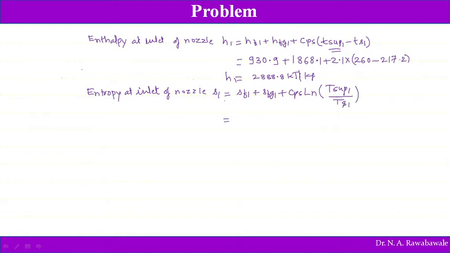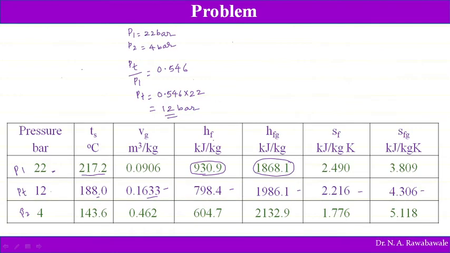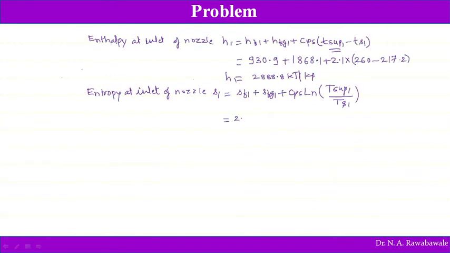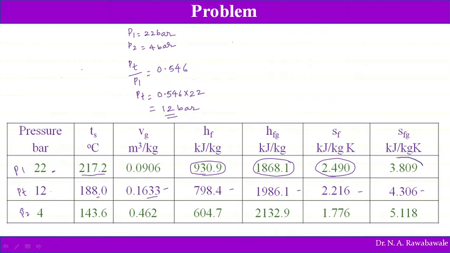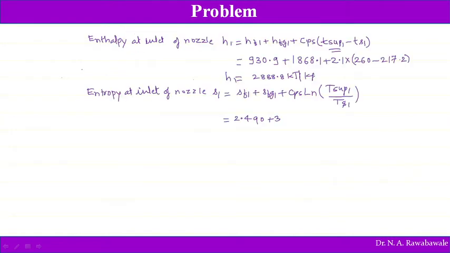So entropy at 1 means pressure 22 bar. SF1 is taken from the steam table as 2.490. SF1 is 2.490 plus SFG1. SFG1 at pressure 1 is 3.809. So 3.809 plus specific heat 2.1 into natural log of T sub 1.